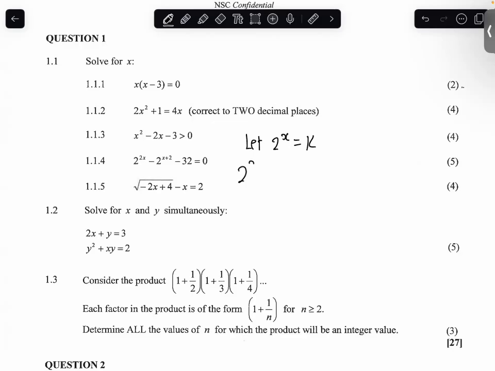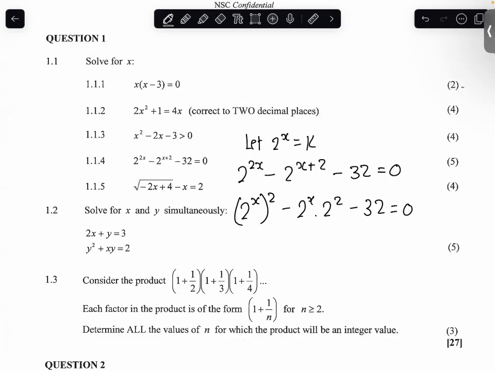I'm going to rewrite this as 2 to the x all squared. This and this is exactly the same thing, because when you multiply your exponents, you still get 2x. Minus, I'm going to split this up. This is 2 to the x times 2 to the 2 minus 32 is equal to 0.